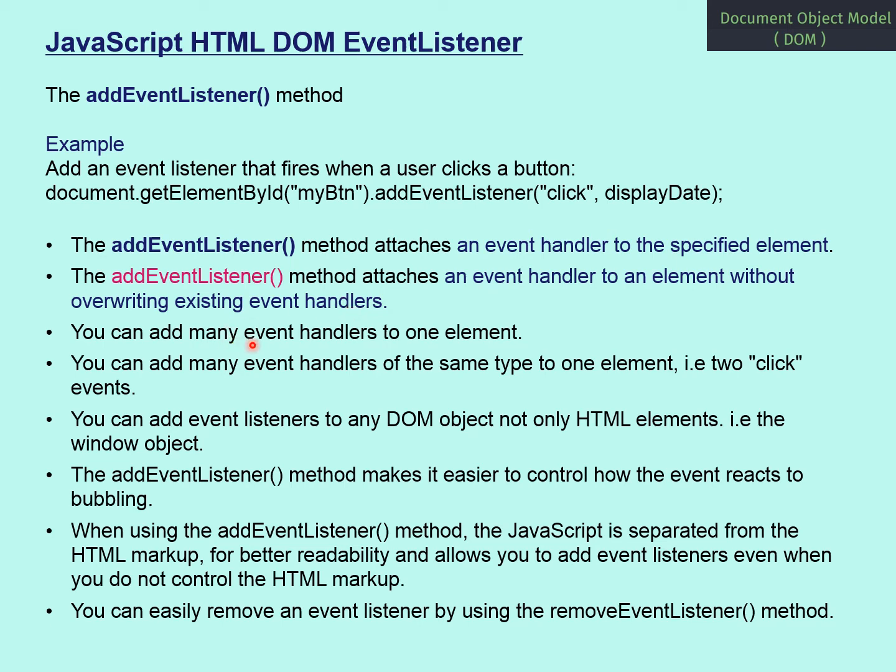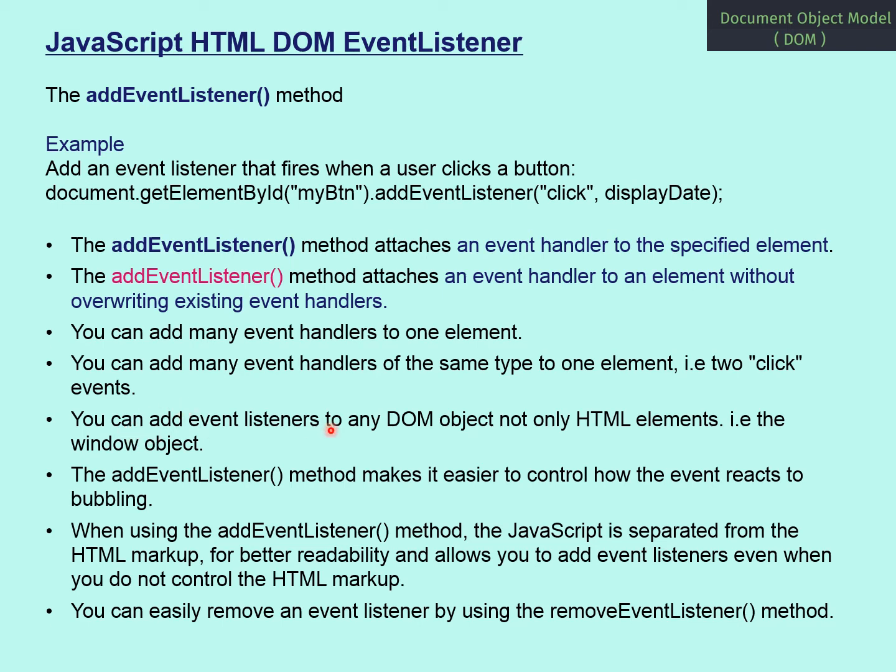You can add many event handlers to one element. For a single button, you can add onClick, onDoubleClick, onSubmit, likewise. You may add many event handlers of the same type to one element, for example click events. One onClick and one onDoubleClick can be specified, and they are treated as two separate events.